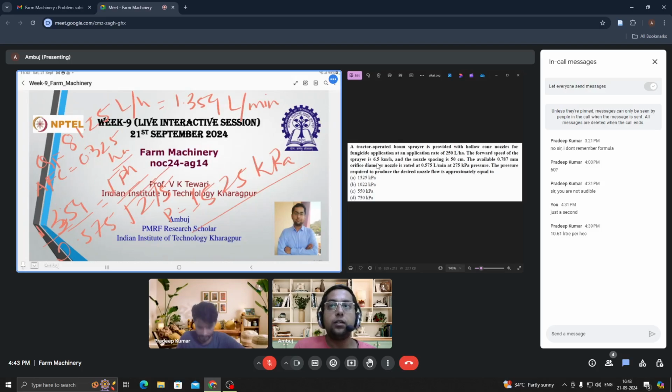That is the actual field capacity. Then the application rate has been given, 250 liters per hectare, multiplied by 0.325 hectares per hour. That will give me the application rate in liters per hour.